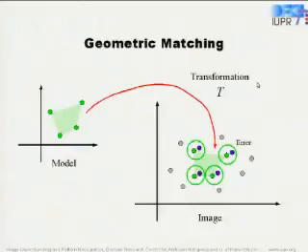So let's think of this, for example, just for the purposes of this discussion, as 2D translations and rotations. So there are 3 parameters we need to specify in order to transform the model and place it in image space: an X translation, a Y translation, and a rotation.